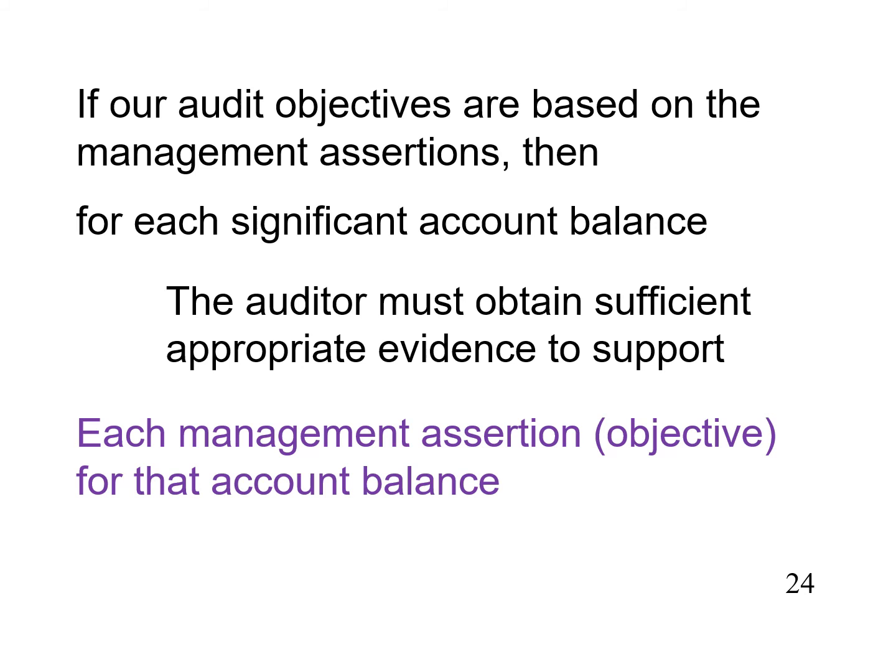Does that make sense? So we're going to treat our assertions as if they're objectives. In order to achieve our audit objective, we need evidence, sufficient appropriate evidence. Think that through. That's not as easy as it may sound.